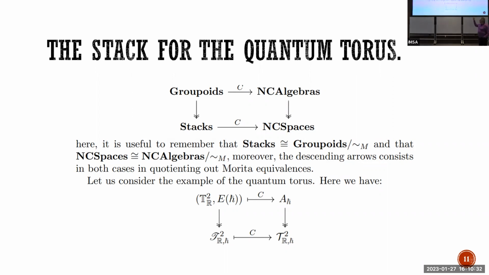In any case, the groupoid gives me a stack, which I would call T2 H bar, and the algebra gives me its Morita equivalence class, that is, the non-commutative space. But anyway, we have the stack that is given by the action of R, or by the irrational rotation of the circle.